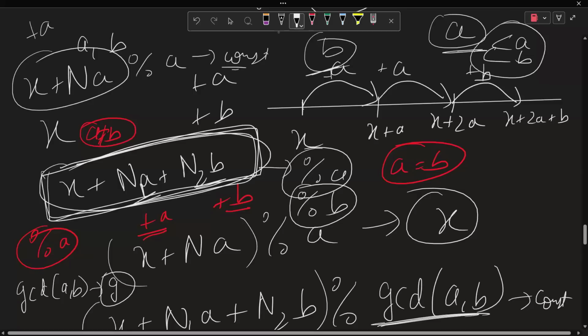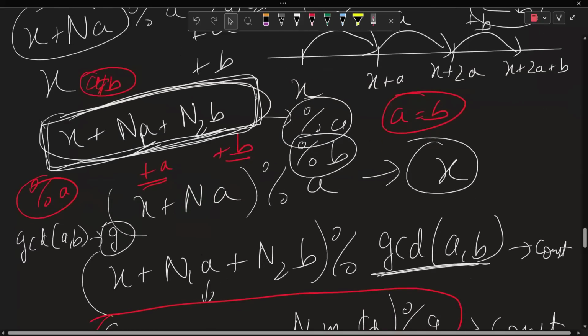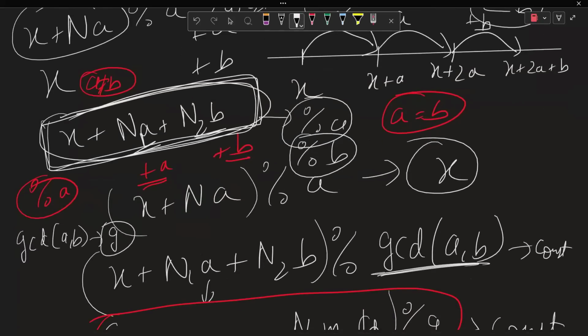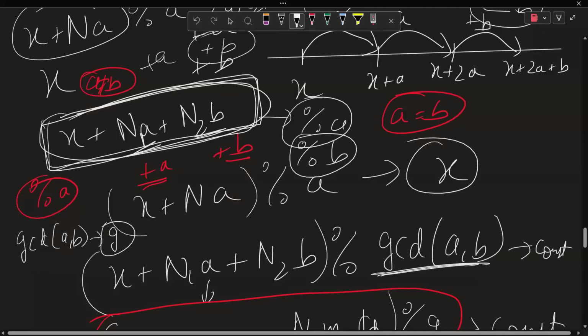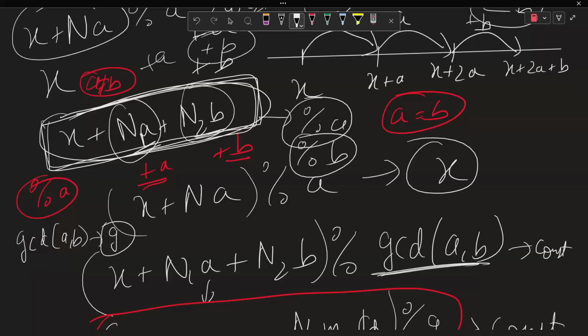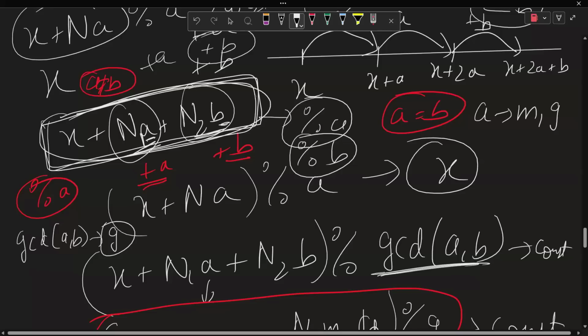So what that less than thing would be, I have solved a few more problems related to this. Through that, I got the intuition that if you can do plus A and plus B, and you need to obtain a final integer where you can do sometimes A, sometimes B, then basically what you are doing is moving in multiples of the GCD of A and B. The proof I have explained: if I take the GCD of A and B, it is a number such that I can write A as some multiple of that GCD and B as some other multiple of GCD.